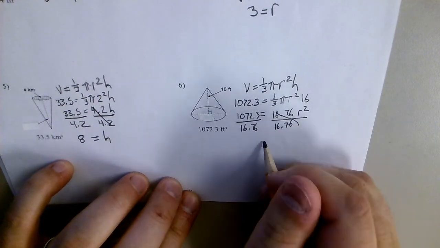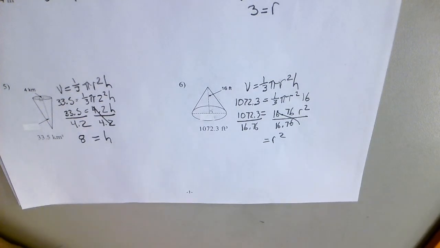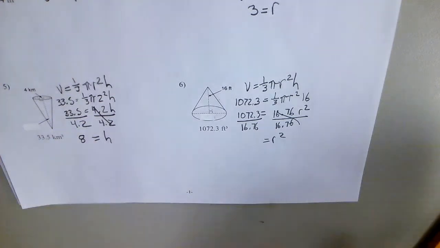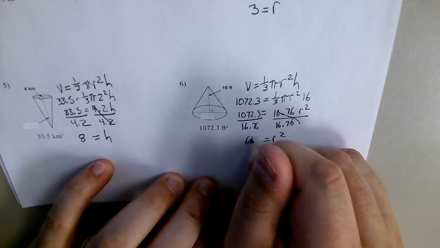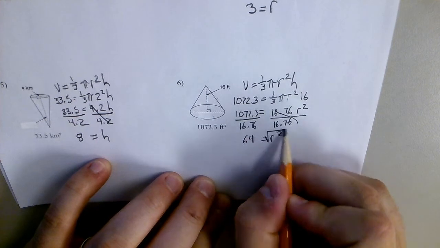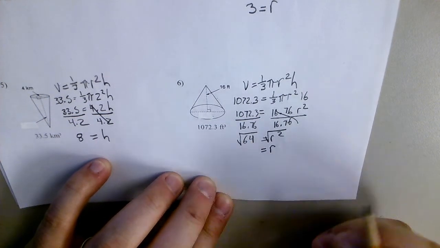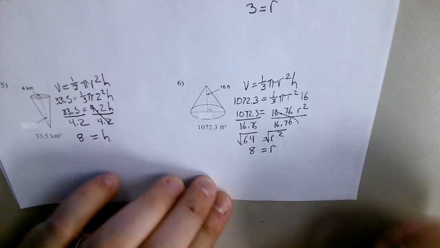So these are going to cancel, and I'm going to be left with r squared on this side. Let's see what we get when we do our division over here. 1072.3 divided by 16.76 is 64. And then to get rid of squared, we do the square root of both sides. So we get r equals, and the square root of 64 is 8.